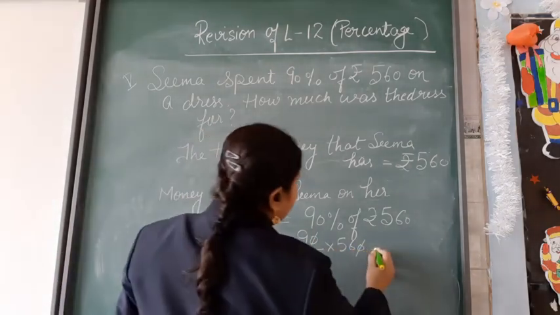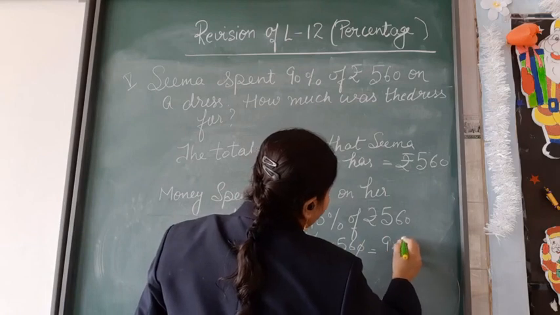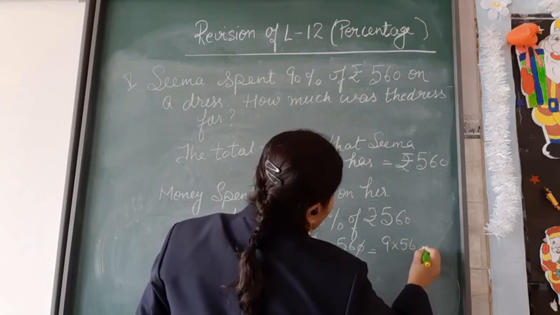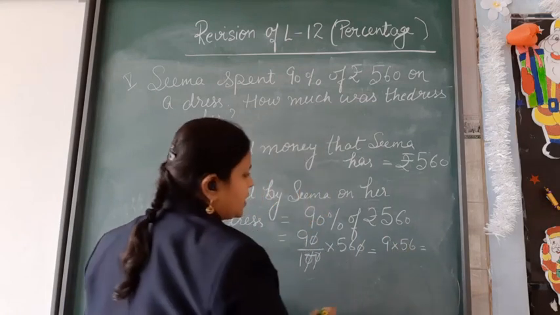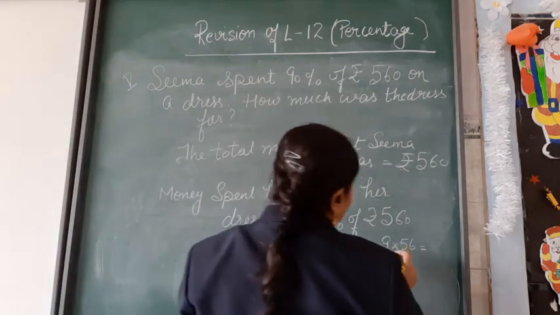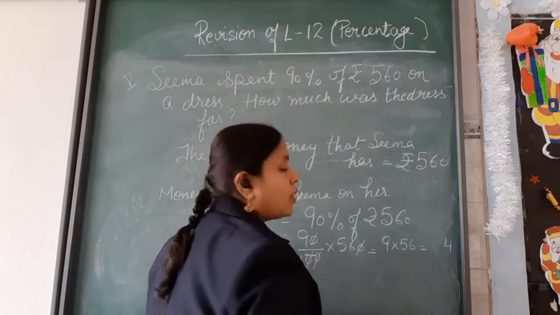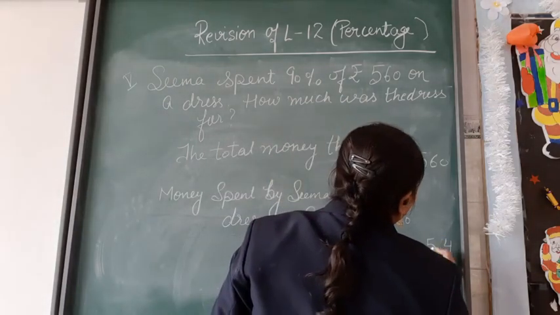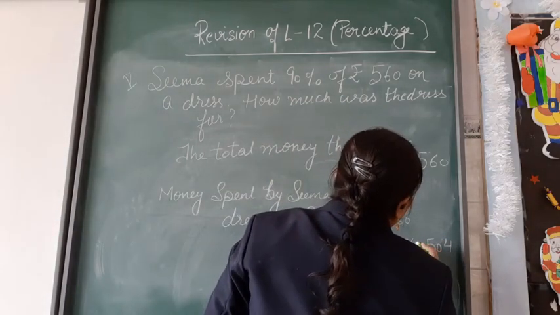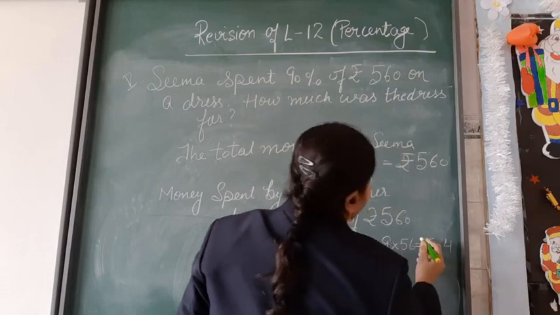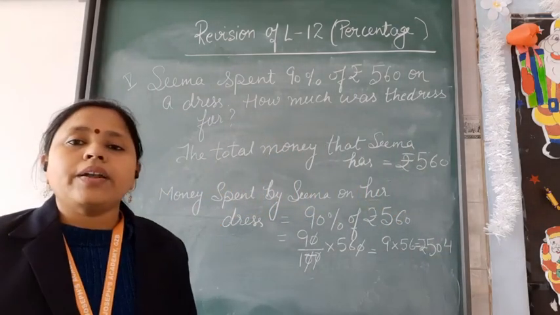So what is left? 9 multiplied by 56, and this is equal to, let us see how much this is equal to, 9 6s are 54, 9 5s are 45. So this is equal to rupees 504.